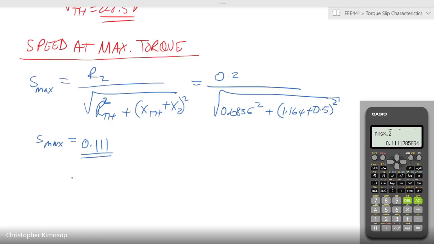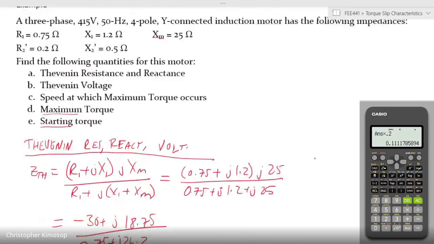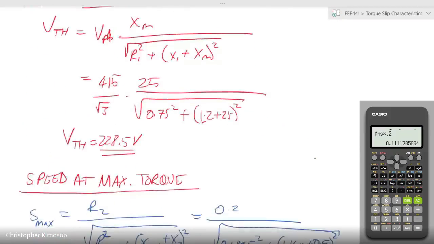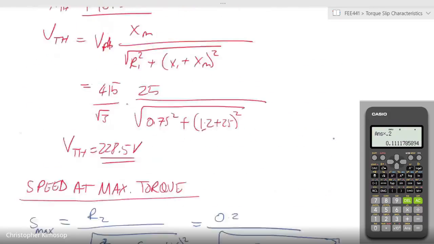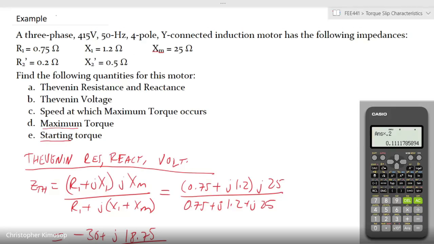And the mechanical speed at this slip is given by 1 minus S max times Ns. So 1 minus 0.111 times Ns, where synchronous speed is 120 times f over p. Frequency was 50 hertz, and the number of poles is 4.